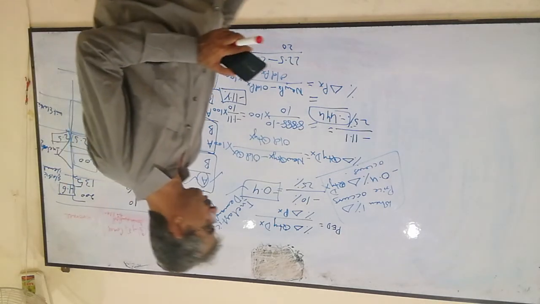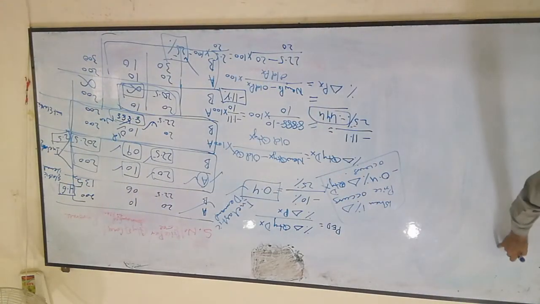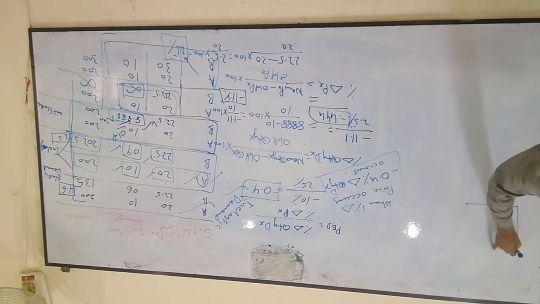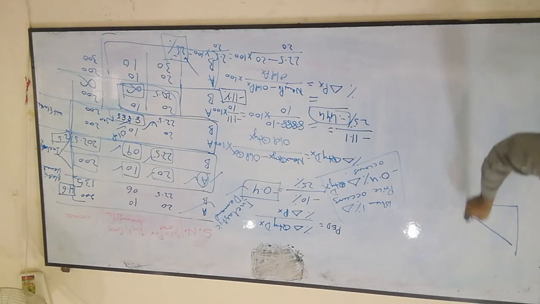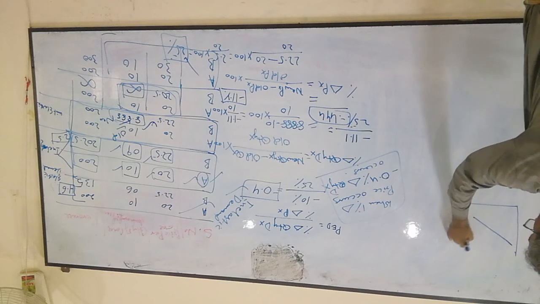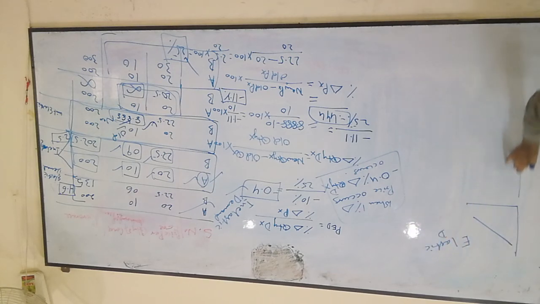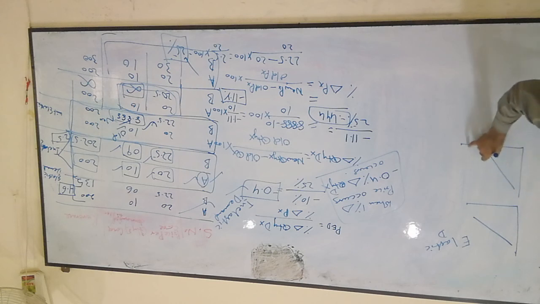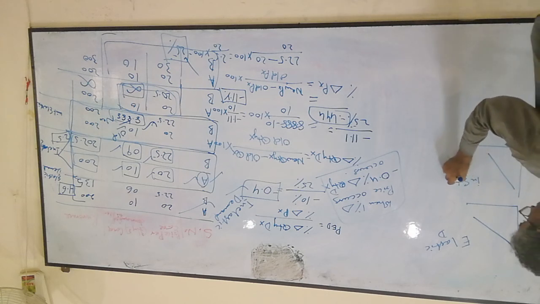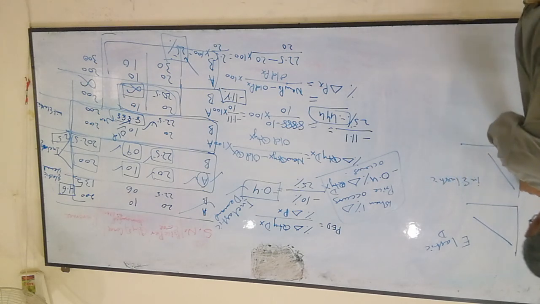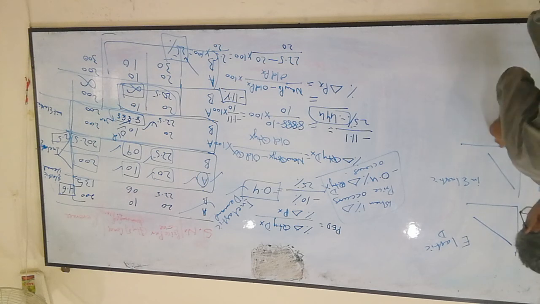So if we talk about the graph, this is simply the elastic demand, and this is inelastic demand, with price and quantity on the axes.